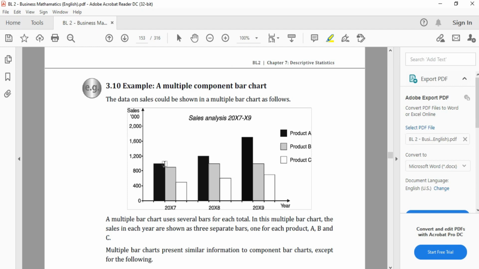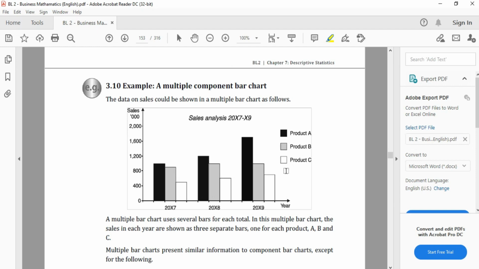But the difference between a simple bar chart and this multi-component bar chart is that we show several items in this multi-component bar chart, whereas in a simple bar chart, we show only one item. That's the only difference. And also we use a different color to represent the different items.